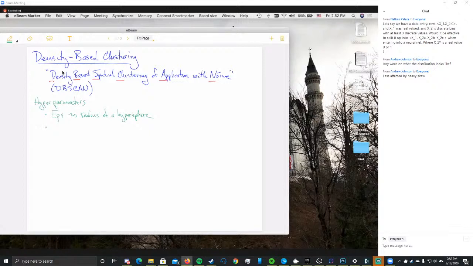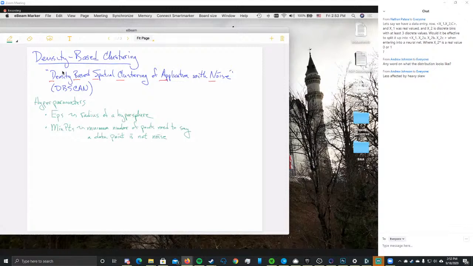And then another parameter which we'll denote min points. This is the minimum number of points needed to say a data point is not noise.